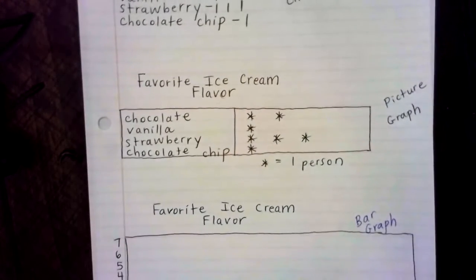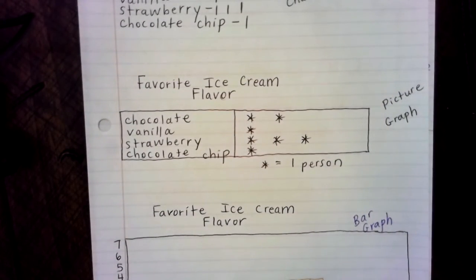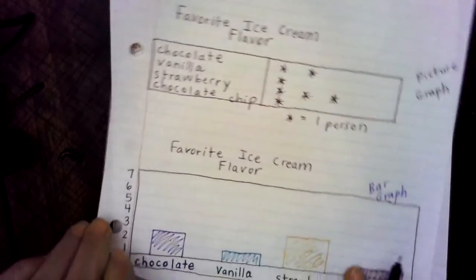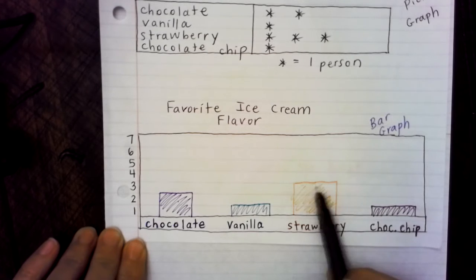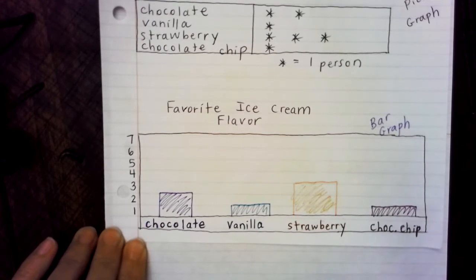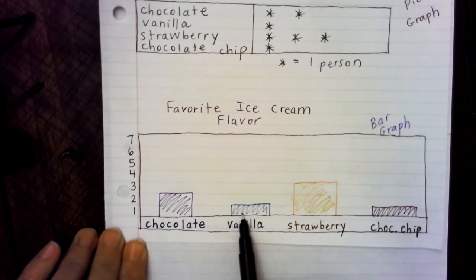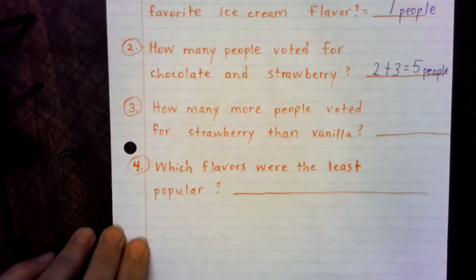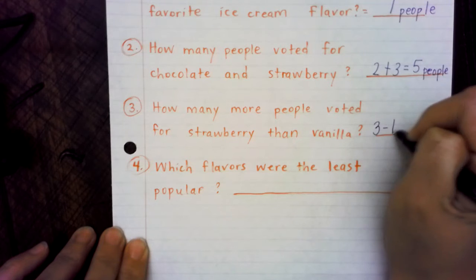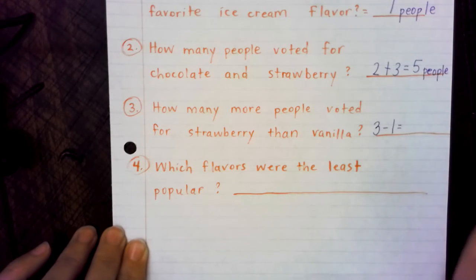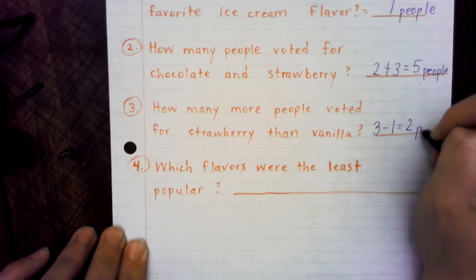Okay, so strawberry was 3. Let's look at my bar graph. Slide it up where you can see it. 3. And then how many people voted for vanilla? Just 1. So we would be comparing 3 minus 1. And 3 minus 1 would be 2 people.